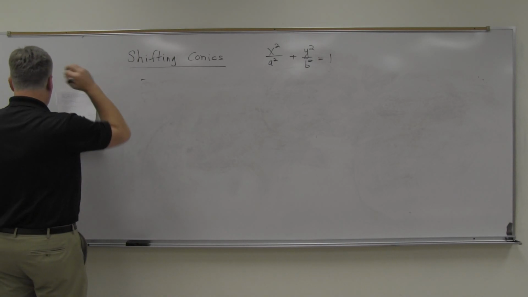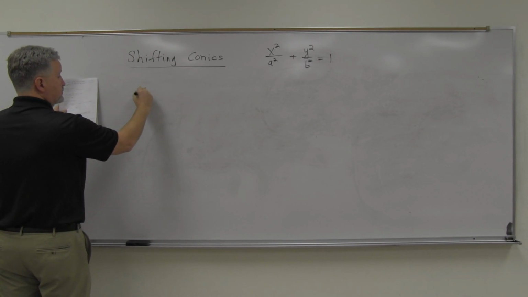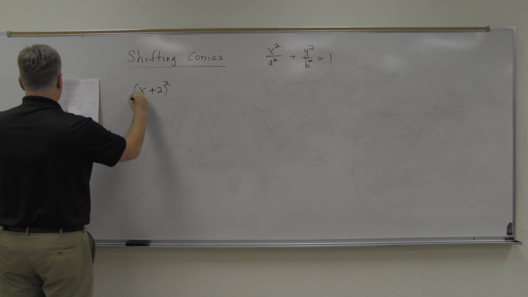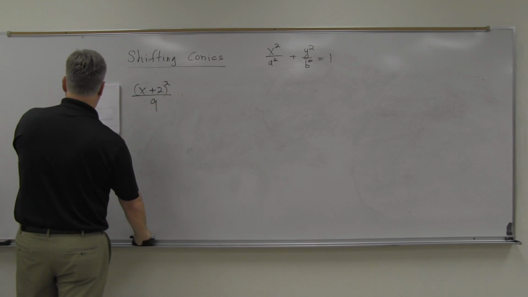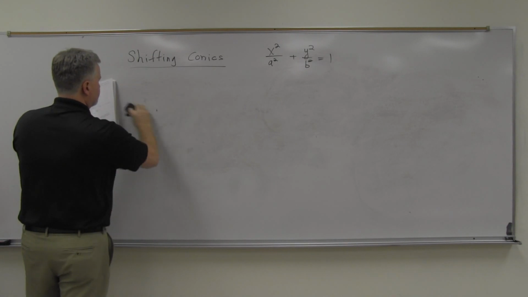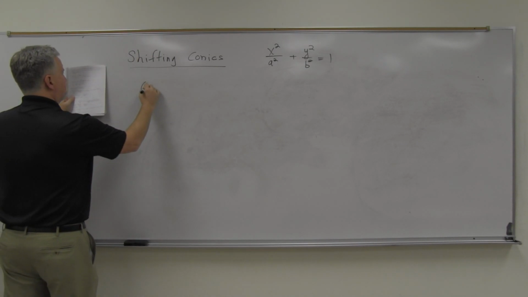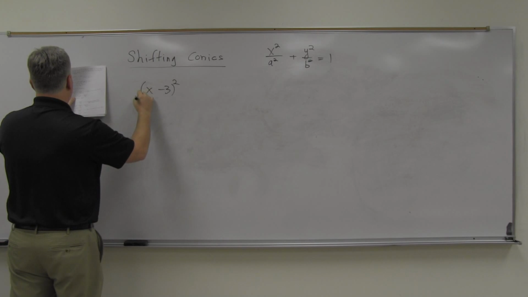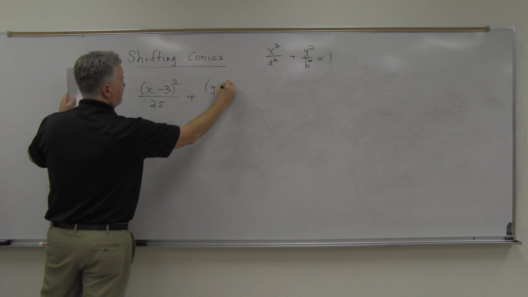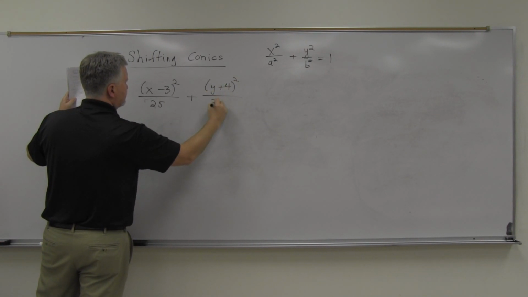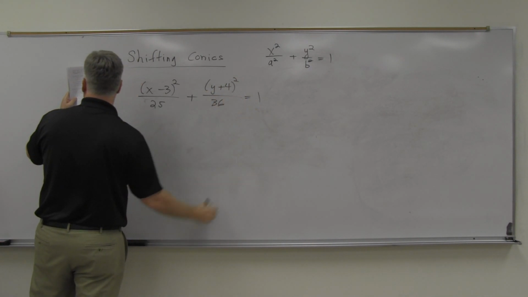All right, so let's say we've got x plus 2 squared over 9. Oh, sorry, I'm doing the hyperbola I was going to do. It's (x minus 3) squared over 25 plus (y plus 4) squared over 36 equals 1.